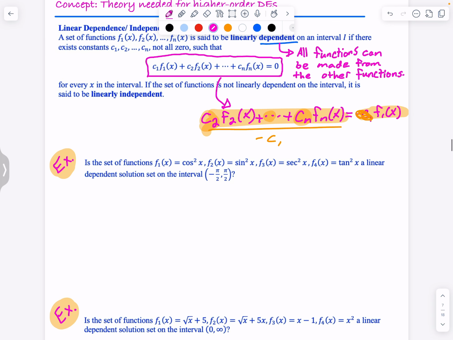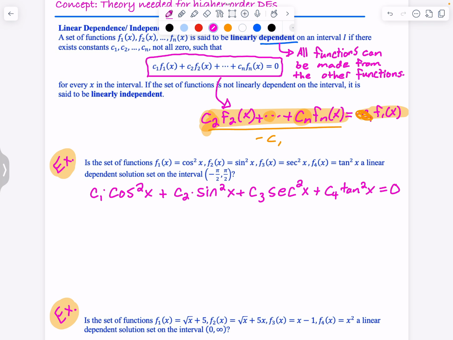So take a look. A set of functions they gave us is cosine squared, sine squared, secant squared, and tangent squared. They want to know, are they linear dependent or independent? So we're going to create that statement: c1 times cosine squared of x plus c2 times sine squared of x plus c3 secant squared x plus c4 tangent squared x.